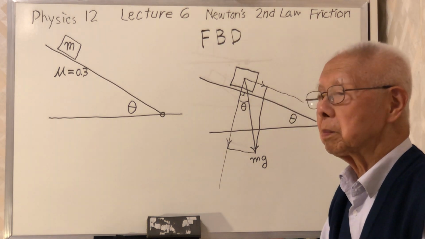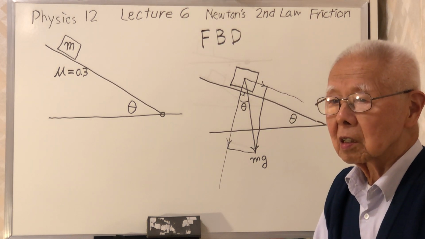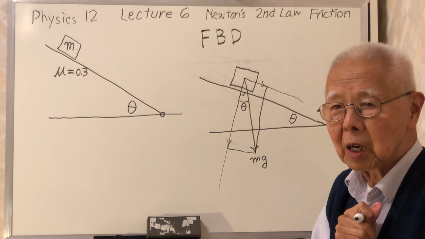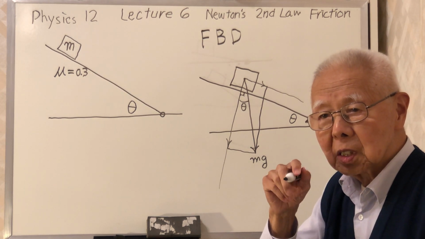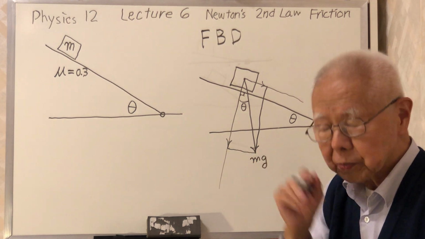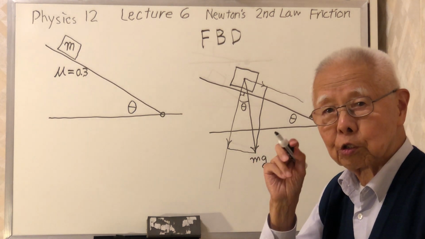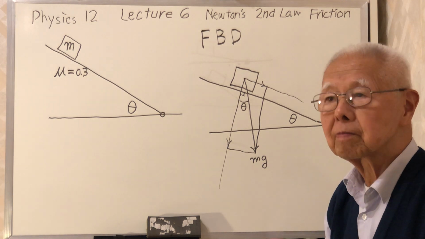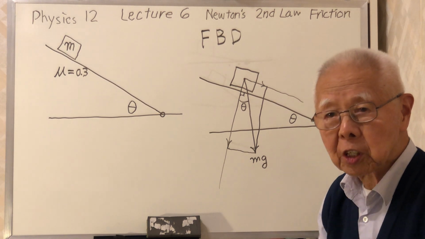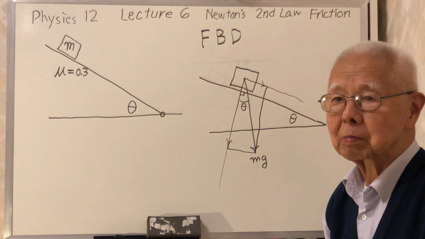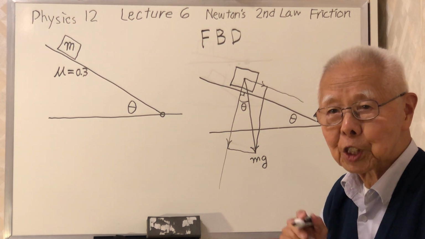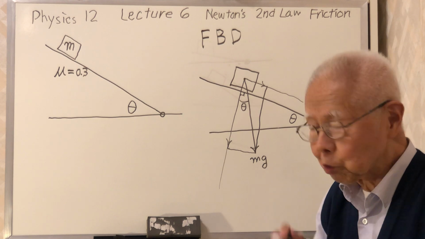Now remember, some time ago, I mentioned that if you have two angles and the two sides of one angle are perpendicular to the two sides of the other angle, then these two angles are equal.